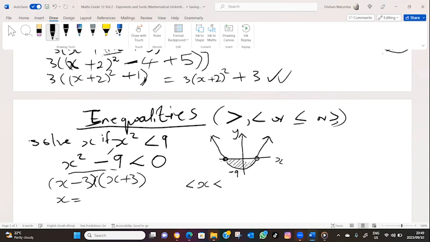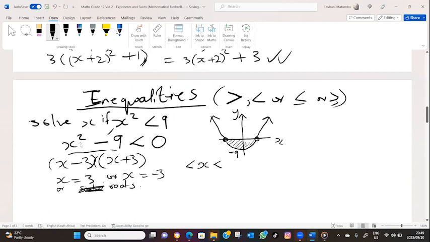Now x equals 3, or x equals minus 3 are roots.